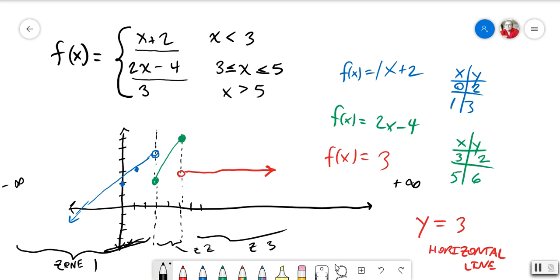I do recommend on these that you get colored pencils and you literally graph these in different colors and work the equations in different colors, just like I did here. Because when you're first starting out with this kind of thing, it really makes it a lot clearer what you're doing. Of course, you can do it with regular pencils, but why make life harder on yourself than it needs to be, especially during these days?